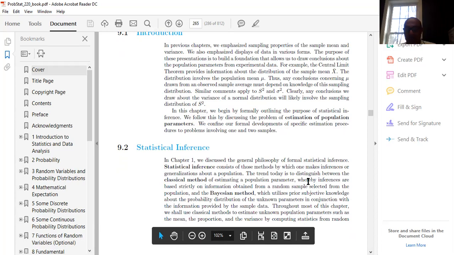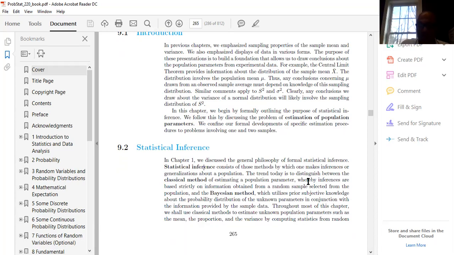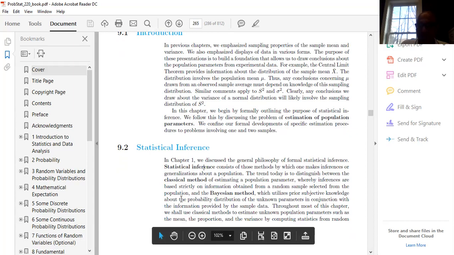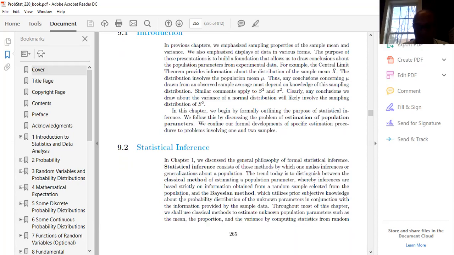We already went through the general philosophy of formal statistical inference in chapter 1, and statistical inference consists of those methods by which one makes inferences or generalizations about the population.